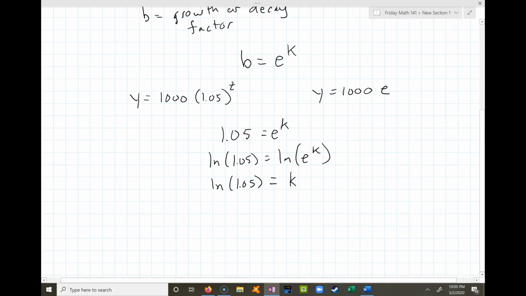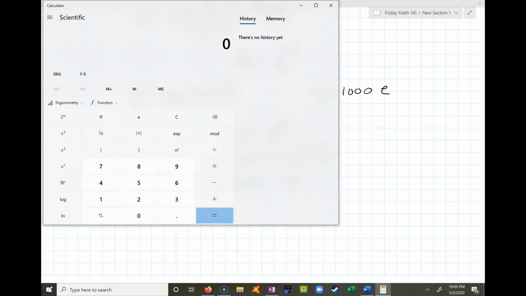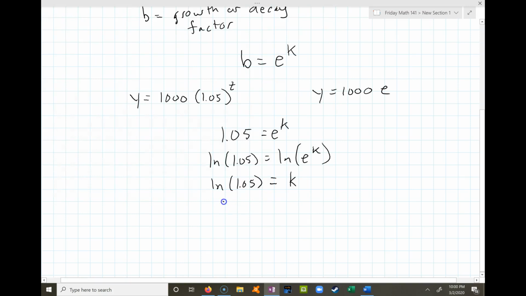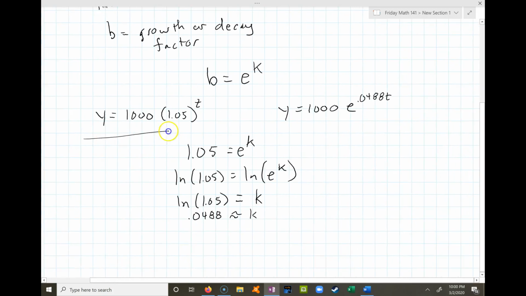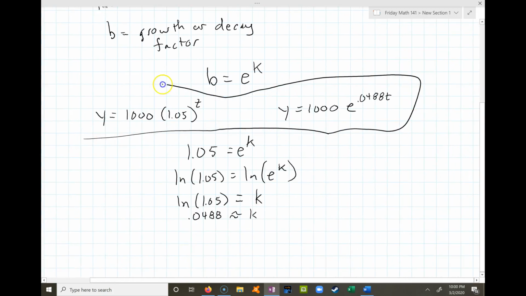If we throw that in our calculator, natural log of 1.05 is 0.0488. So 0.0488 is approximately equal to k. I rounded off, so it's approximate. So then this would be y equals 1000 e to the 0.0488t. So these two exponential equations are going to model the same thing.